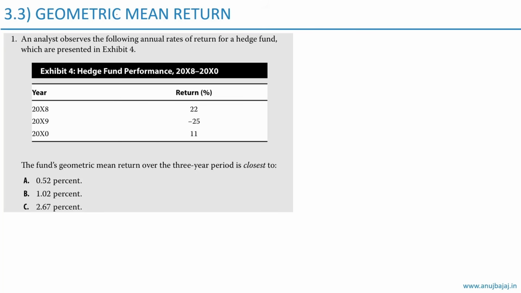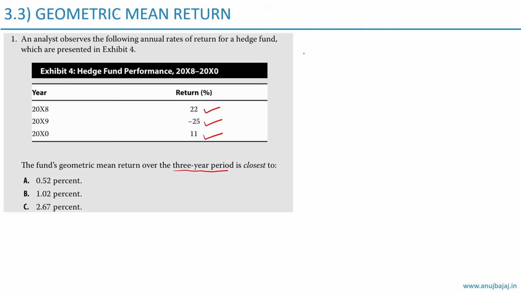An analyst observes the following annual rate of return for a hedge fund. During year 1, 22%, then negative 25% and then 11%. What is the fund's geometric mean return over the 3-year period?